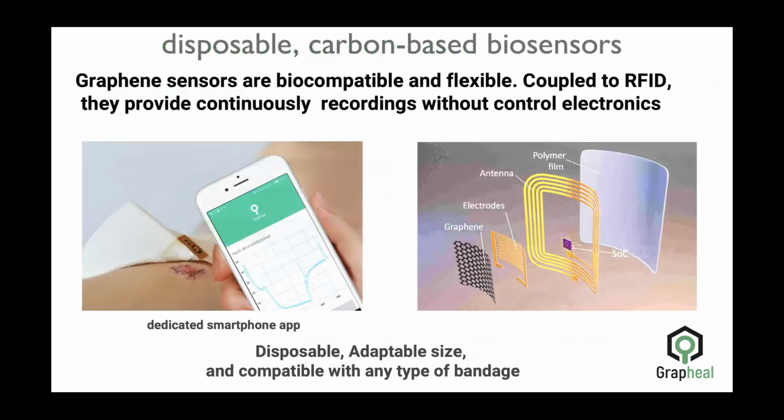So for the case of the graphene wound patch, we have a completely integrated structure which is flexible. When the graphene is in contact with the wound, there is a back electrode measuring this resistivity, an antenna which is connected to a system on chip that will power, without the need of a battery, the electrodes and the graphene sensor and the system of communications.